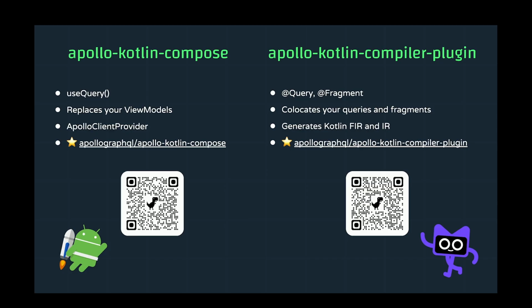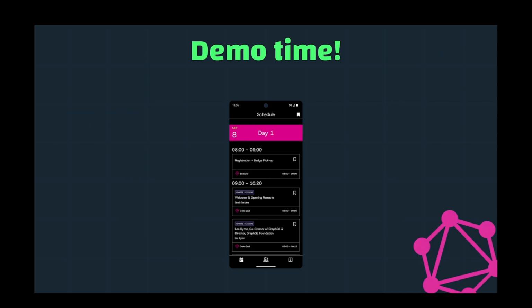So you have the repos there, give them a star, but instead of talking about them, I'm just going to demo them now. We're going to build a GraphQL conf app using Apollo Kotlin Compose and the Kotlin compiler.